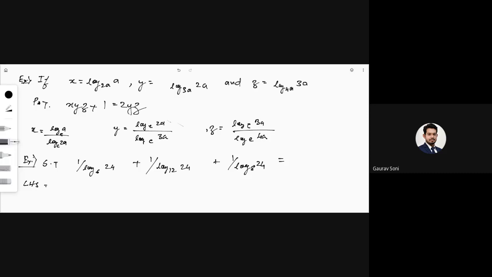So what is LHS? Log 6 upon log 24, both base e by the change of base formula. You'll have log 12 upon log 24 plus log 8 upon log 24.